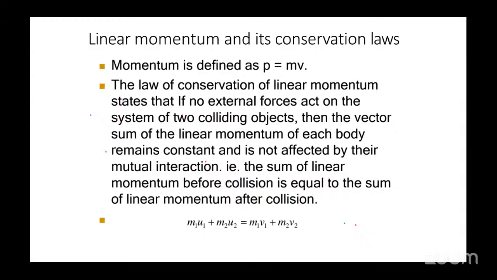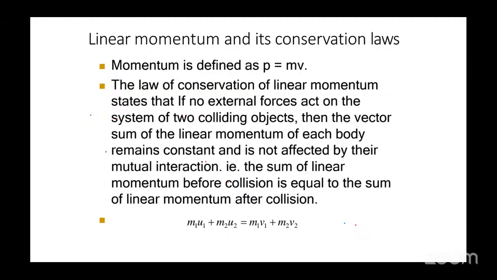Now, you have to understand that when we talk of collision, it implies that two or more bodies will come together. So here we consider two bodies colliding, coming together to have impact on one another.